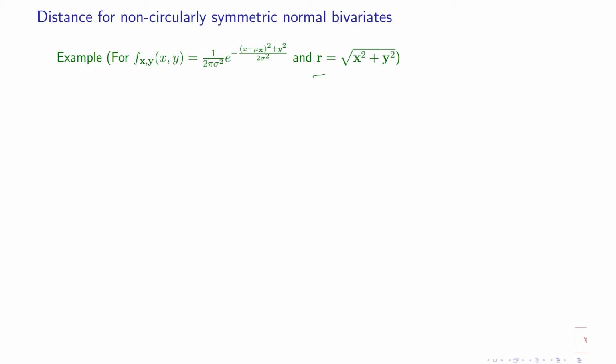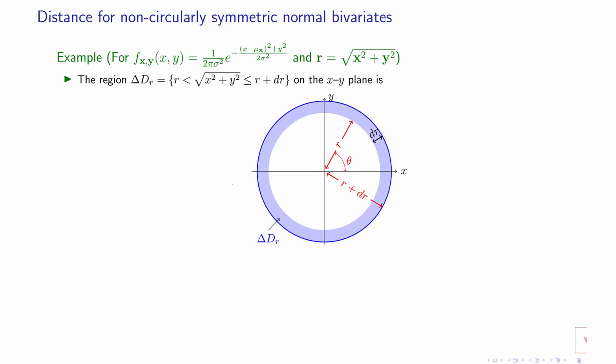So for this example, like always, we could plot the delta dr, which is the outside of one circle of radius r, because this is defined by the region of all the points x and y which satisfy this one. This means outside of a circle with radius r, and this means inside a circle with radius r plus dr. So if we integrate over the blue shaded area, we will find the PDF of r.